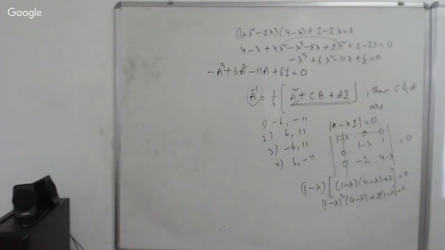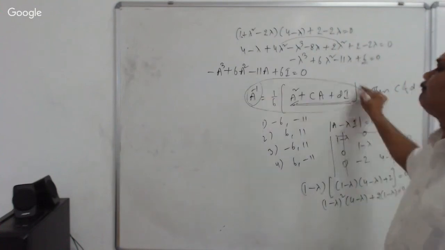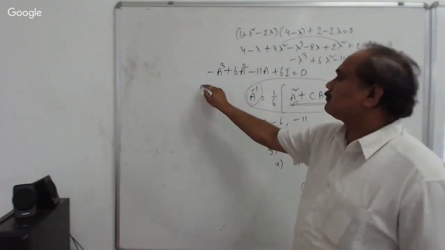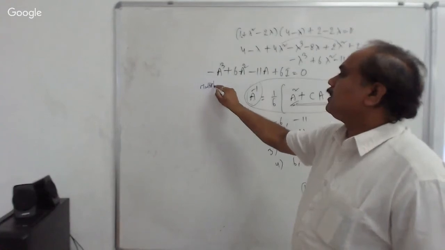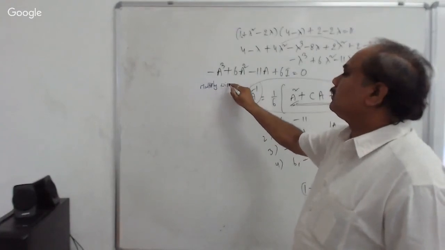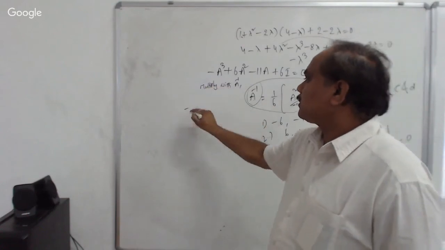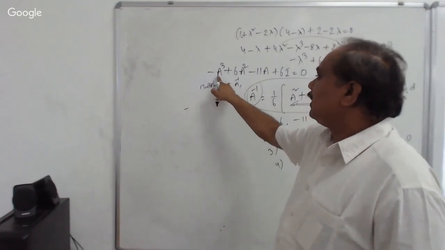Then multiply with A inverse. Directly you will get this form. Multiply with A inverse, minus A inverse into A cube.